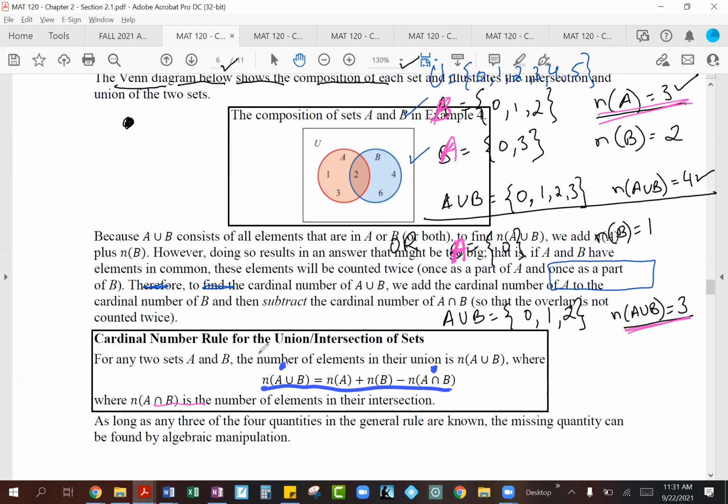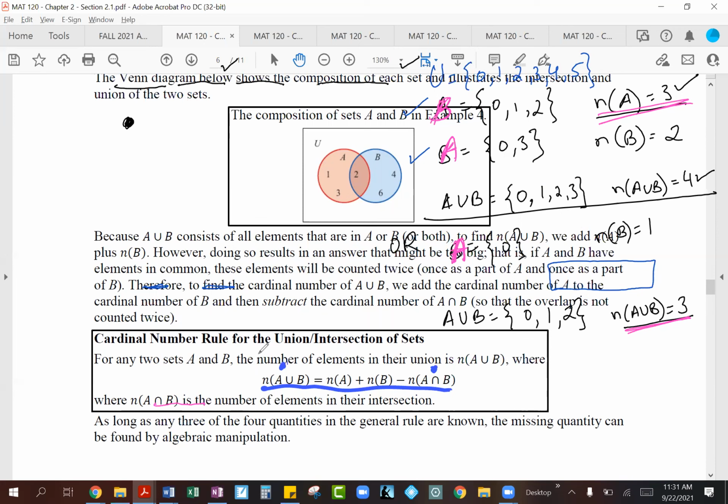And then here you will have the cardinal number of A plus the cardinal number of B minus, so literally we're switching places. So this guy moves over here, minus the cardinal number of A union B. So you are having to rewrite this formula.